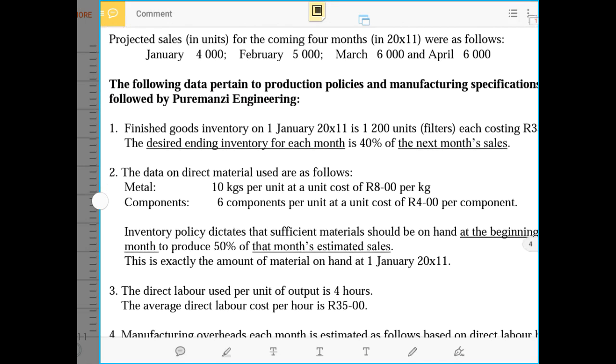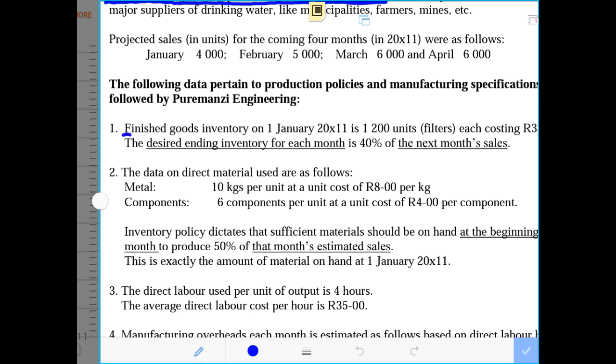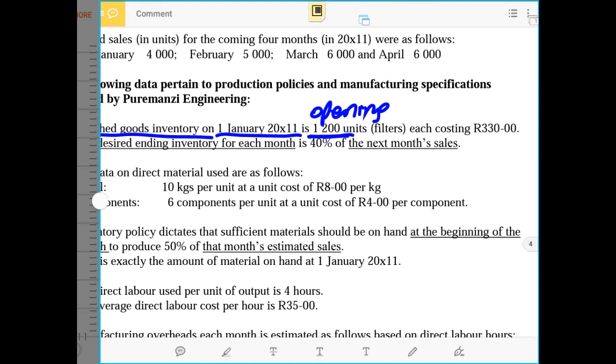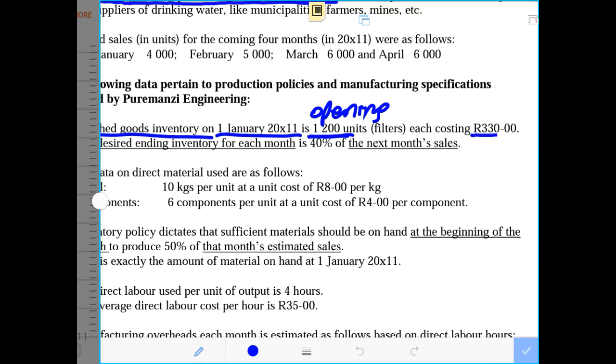Number one says that finished goods inventory on the 1st of January 2011 is 1,200. So we are given the opening inventory at the beginning of January for the filter, and each is costing 330.